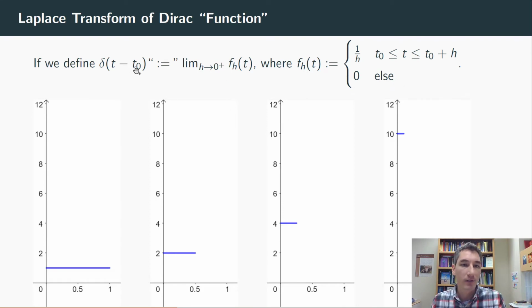You can imagine it to be a function that's 0 everywhere and then infinity at a single point and then somehow carries with it an acceleration. Well, that's not going to make sense as a function, but it does make sense as a functional. And if you take more advanced math classes, you can learn about functionals. What we're going to do is understand it via the Laplace transform.